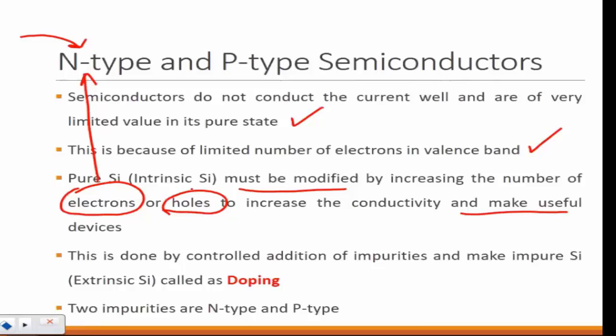If you make the number of holes higher, that will be P-type material. Remember that by default you have an equal number of positively charged and negatively charged particles. Protons and electrons are equal. But if you make more electrons, then it would become an N-type semiconductor.